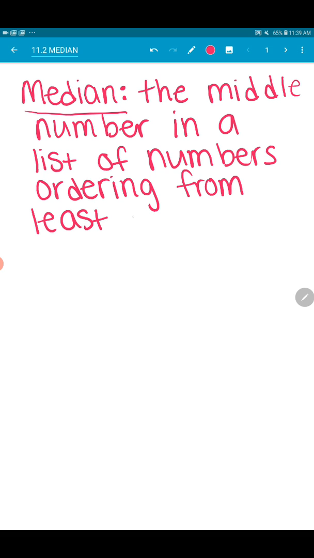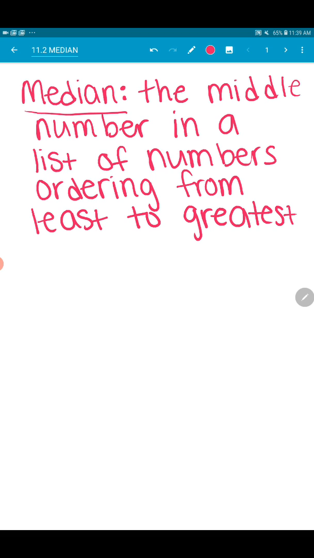Otherwise, you will not find the median, because if you want the middle, it has to be from least to greatest, so you can find the middle of that data set. So that is the median. And so today will be a pretty quick lesson. We'll just go through a few things and you'll do about 4 practice problems, and then that is it.